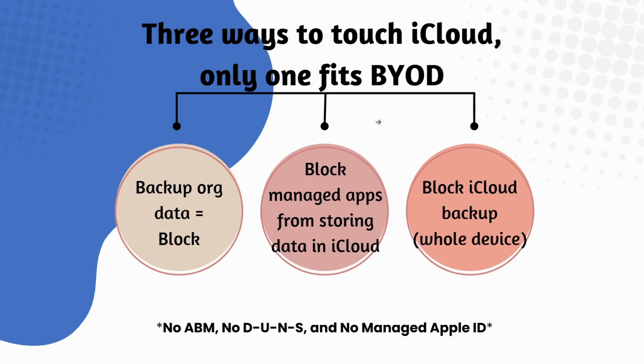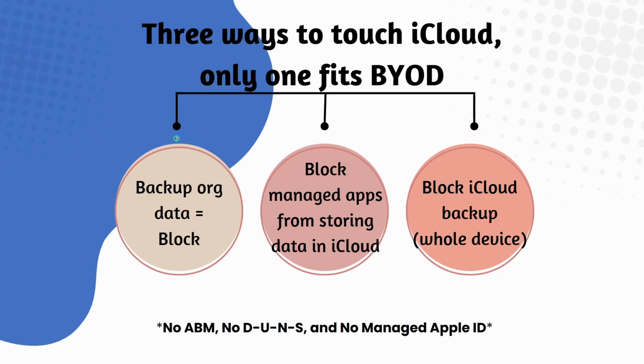Now, if you go searching online, you will find three different controls that all sound like they do this block or restriction, and people mix them up constantly. So, let me sort them out for you in plain terms. The first one over here is the one that we would be using, lives inside an app protection policy.